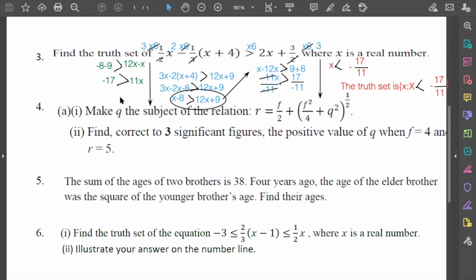So by 11. Good. So this is what we have. Divide here, now you're dividing here by 11, and then divide here too by 11. So this is what I have. Now automatically 11 cancels 11 here. 11 cancels out 11. Don't I have x to be less than negative 17 over 11?